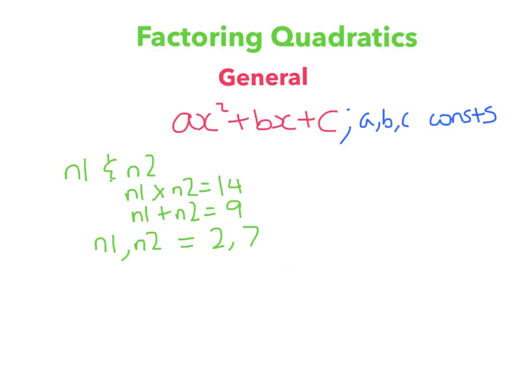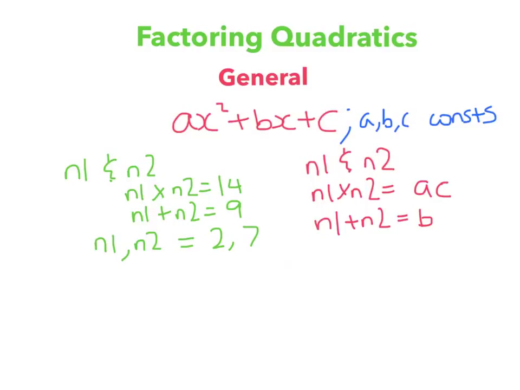Now when you factor quadratics, the trick is to do something similar. You want to come up with two numbers, n1 and n2, such that n1 times n2 equals a times c, and n1 plus n2 equals b.